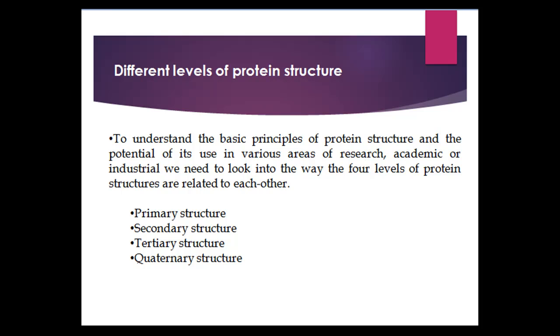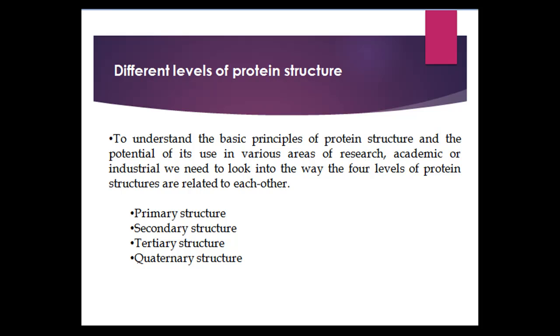We'll see one by one the different levels of protein. Number 1, the primary structure of protein. Proteins are made up of a polypeptide chain in which amino acids join together with peptide bonds.